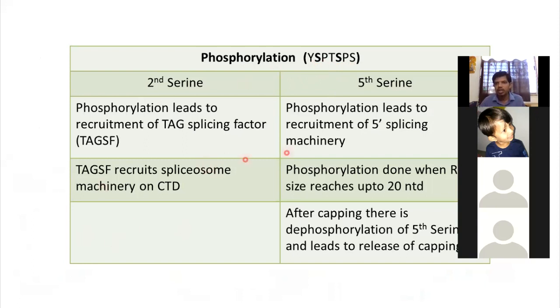It is given here, and again in a previous slide. And if phosphorylation occurs on the 5th serine, which changes will occur? It is given here. This heptapeptide repeats about 52 times in mammals and about 26 times in yeast.